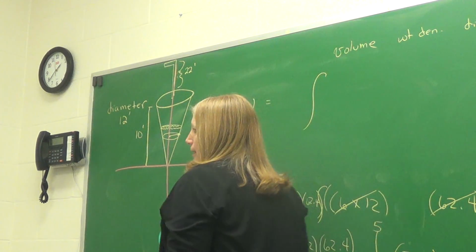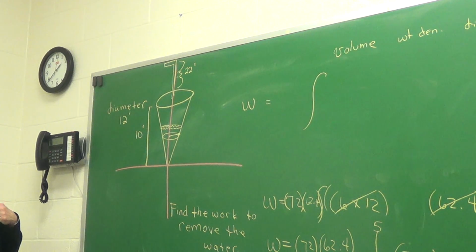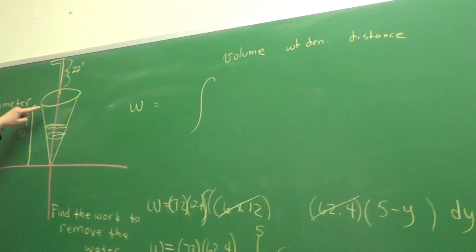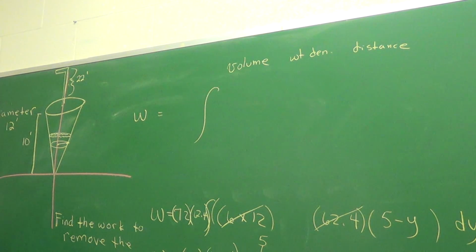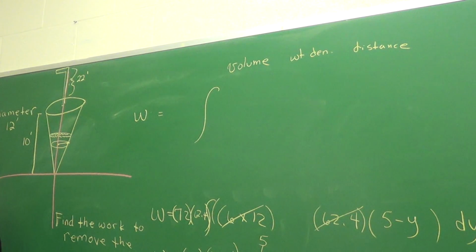So, Erin, you pick something to put in our integral. I guess I'll do distance. All right, if I pick this sheet, how far do I have to go to get it out the top? You said it's halfway filled, so that means it'd be 5. No, because... just that one little sheet.